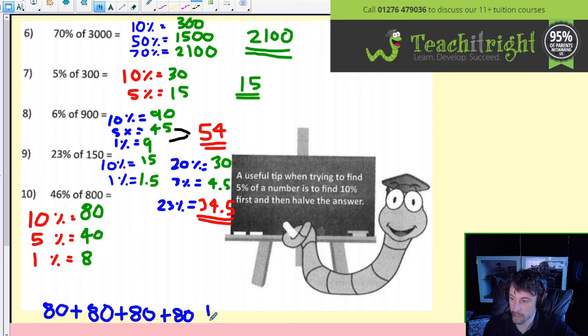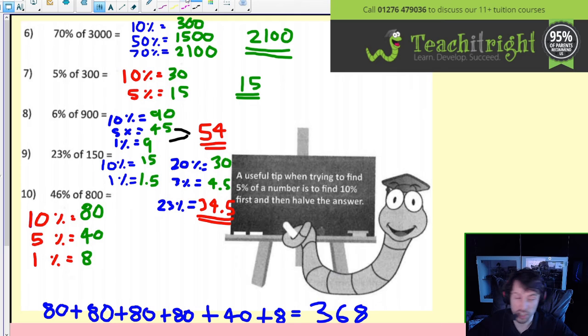Then I need a 5%, so I add my 40 on. Then I need the 1% to add my 8. So if you prefer, you can add it out like this. We've got 8 plus 8 is 16, plus another 8, 24, plus another 8, 32, then plus 40, 72. So final answer, 368.